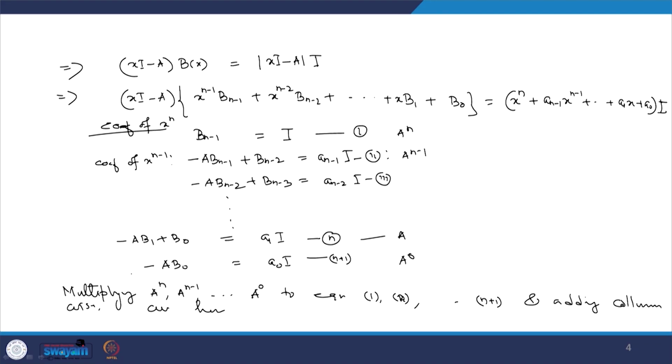So, I will have a to the power n b n, and the other term also a to the power n b n, so they will all cancel out. Basically we have 0 equal to a to the power n plus a n minus 1 a to the power n minus 1 plus up to a 1 a plus a naught, into I. So, this implies that f of A equal to 0. So, this is the Cayley-Hamilton theorem, please.